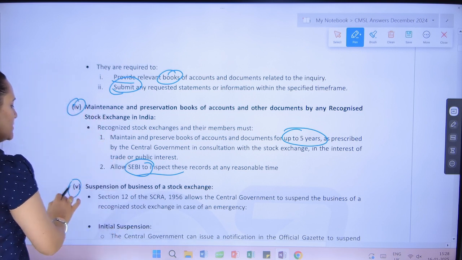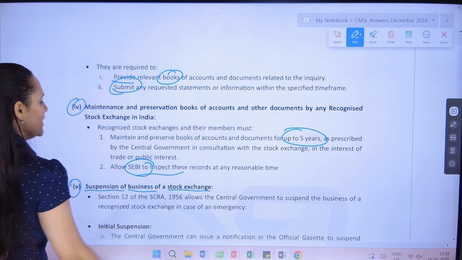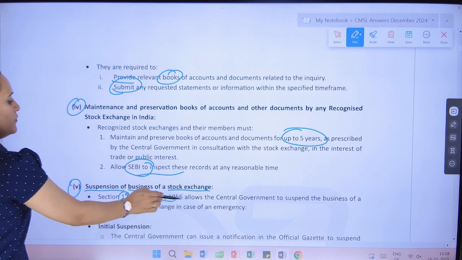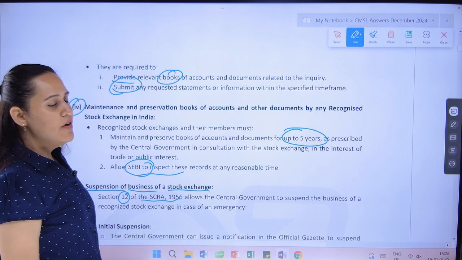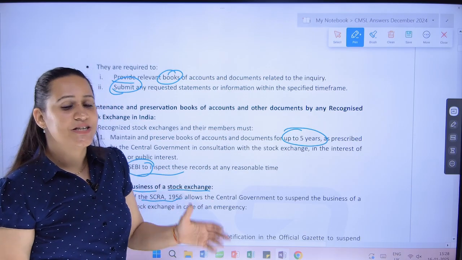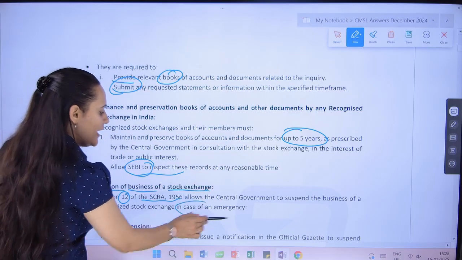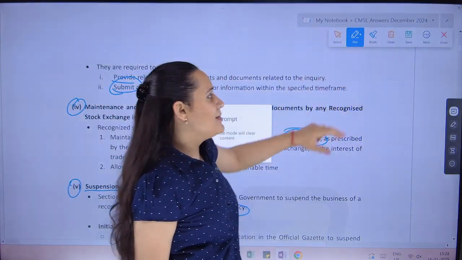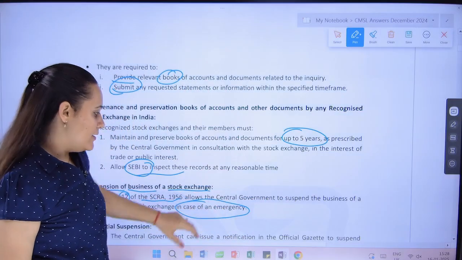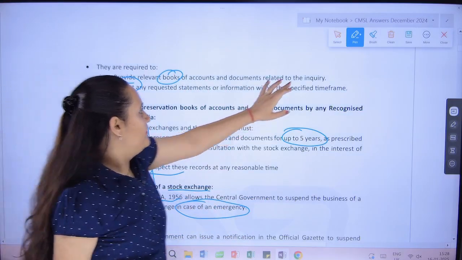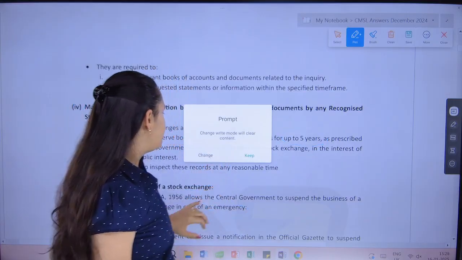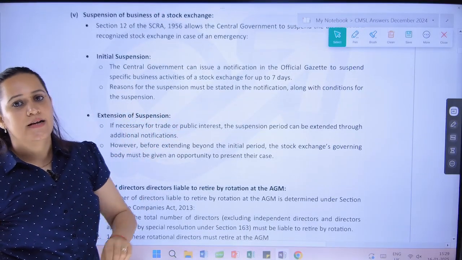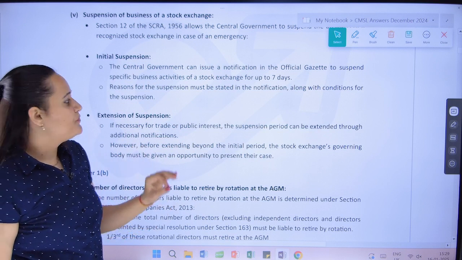And the last question is whether the business of a stock exchange can be suspended or not. The answer is under section 12 of the Securities Contracts Regulation Act, where yes, the business of a stock exchange can be suspended only in case of an emergency, and that should be in the interest of the public and the interest of the trade. You can suspend it initially for a duration of 7 days by giving them a notice.